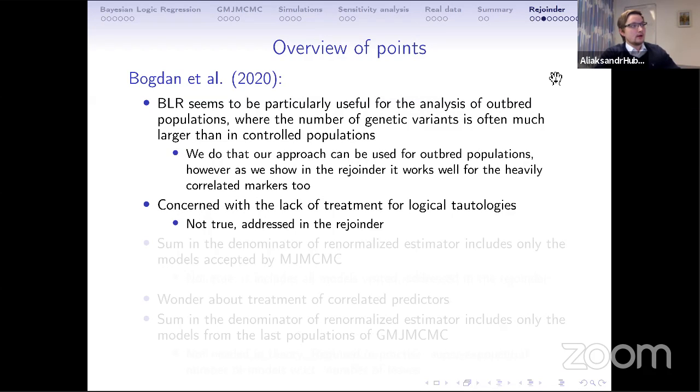The other concern was the lack of treatment for tautologies, which in fact is not true. Back in the original paper, we described that if we are generating a new tree which is 100% correlated to some other tree in the population, we are just selecting the one of those trees which has a simpler logical expression in terms of the logical size of the tree.